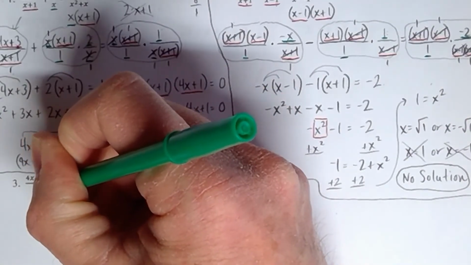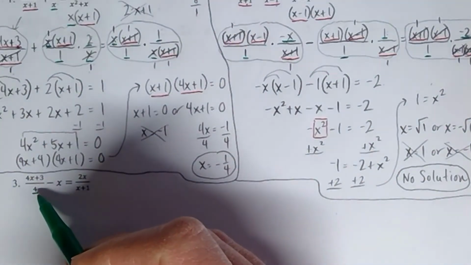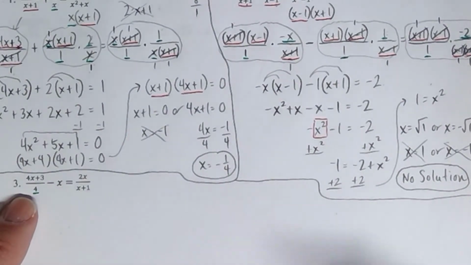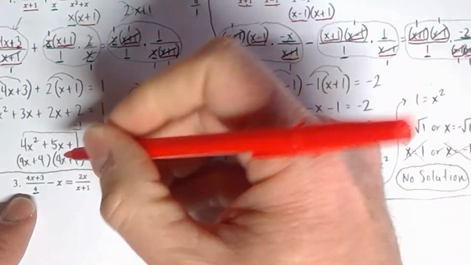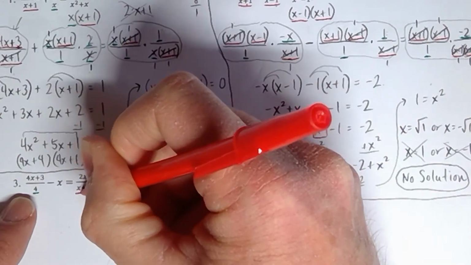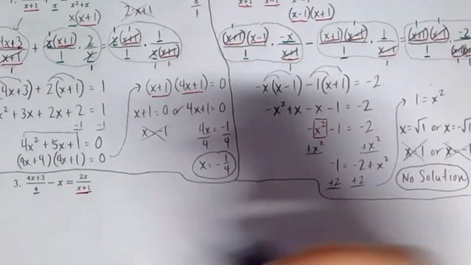Figuring out the LCD, we know that when you have just a single term as a denominator, that's just a single green one. We already know that x plus 1 from the previous two problems is a prime polynomial, so since that's got two terms, it's red.